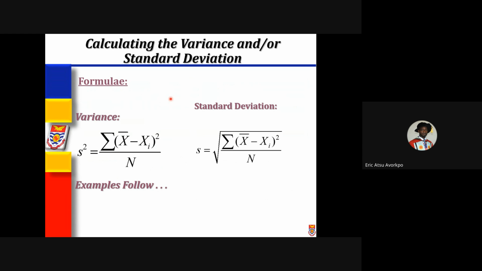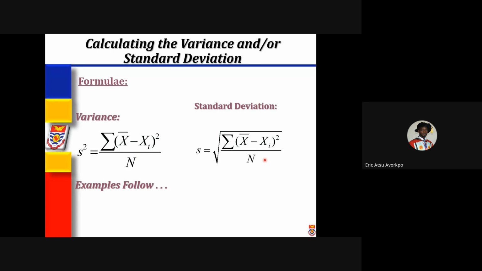So just to make things much clearer, the variance of the sample is what we have here, and the standard deviation of the sample is here. The only difference is that the standard deviation has the square root, while the variance is without the square root. That is all.